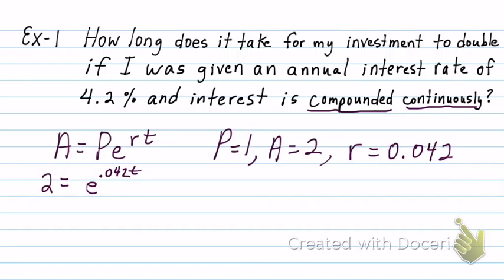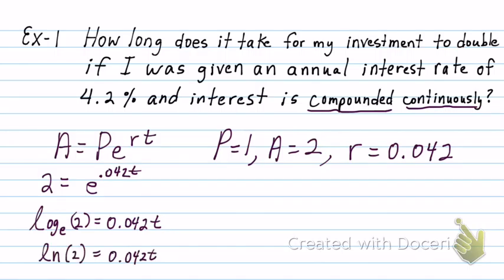Notice we have the base, exponent, answer. And so let's write this in natural log form since this is base e. I'm just going to write it as log base e of 2 equals 0.042t. And of course, this would be a natural log.